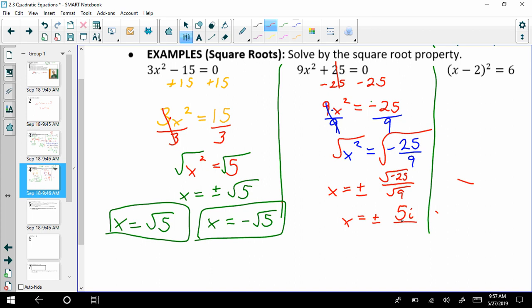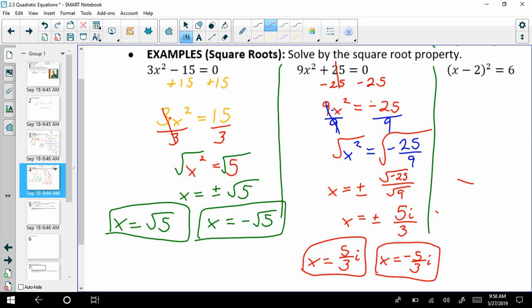And on the bottom, the square root of 9 is 3. So the two answers, one of them is 5/3 i, and the other one is negative 5/3 i. So these answers are both imaginary answers, but there are still two of them.